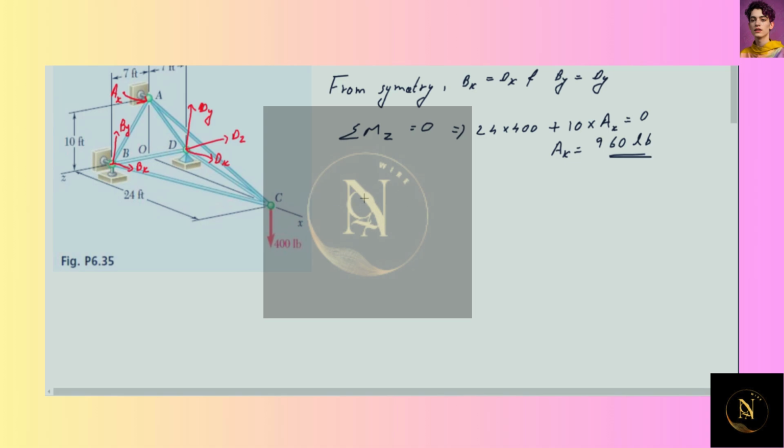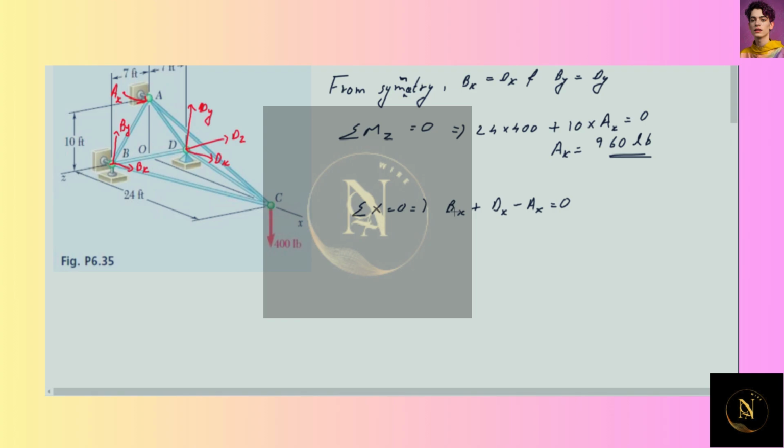Now let's resolve along x. This gives us BX plus DX minus AX equal to 0. We know the value of AX, and from symmetry BH is equal to DH.